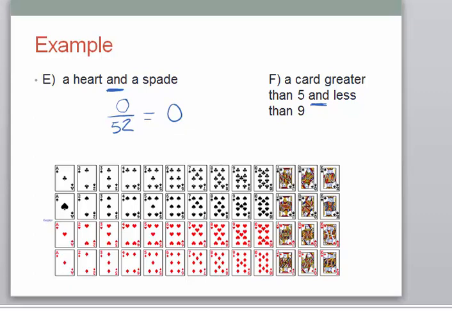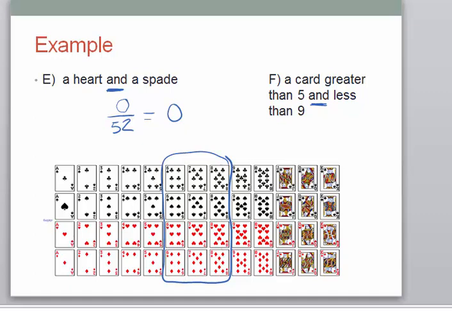So we are talking about the cards that have 6s, 7s, and 8s. So let's look at those cards. These are the cards that are greater than 5 and less than 9.